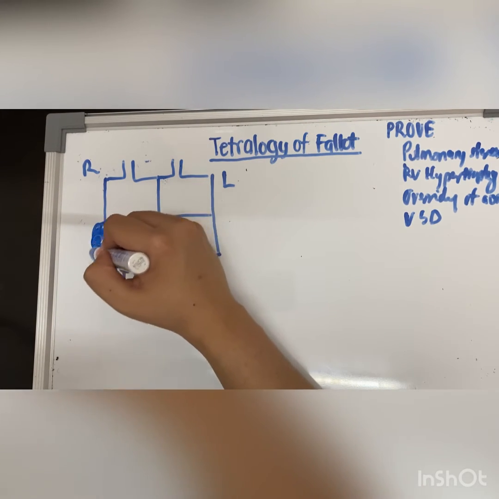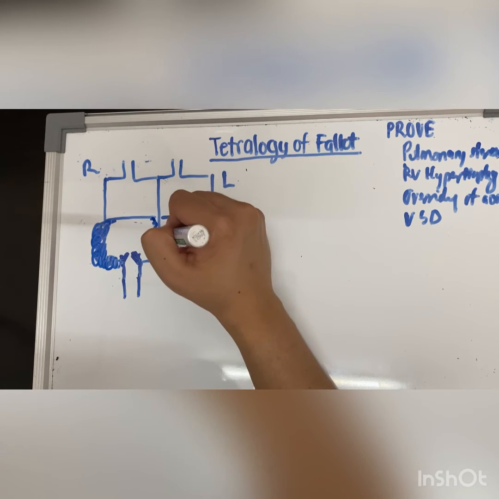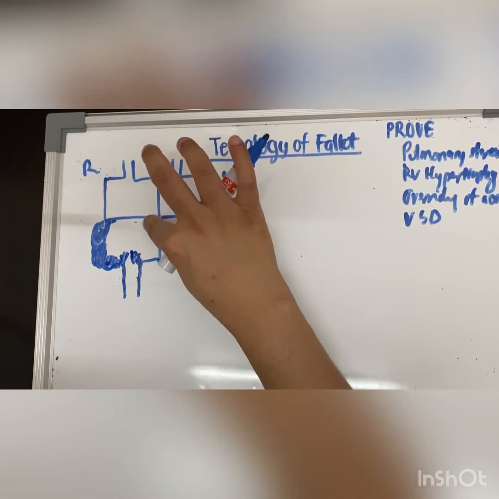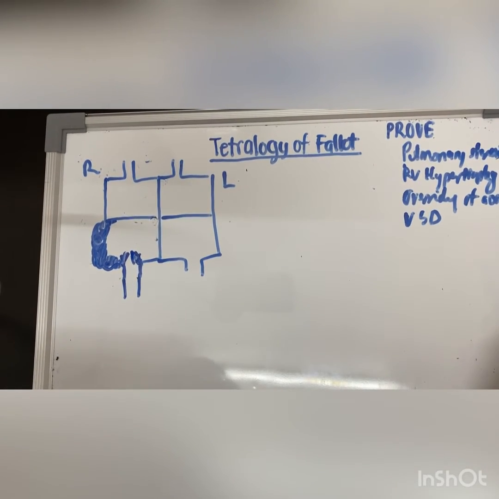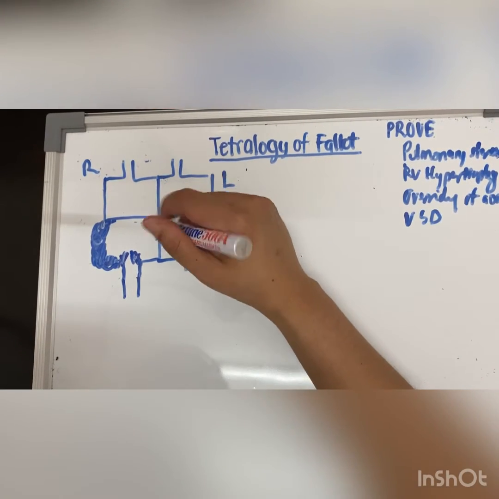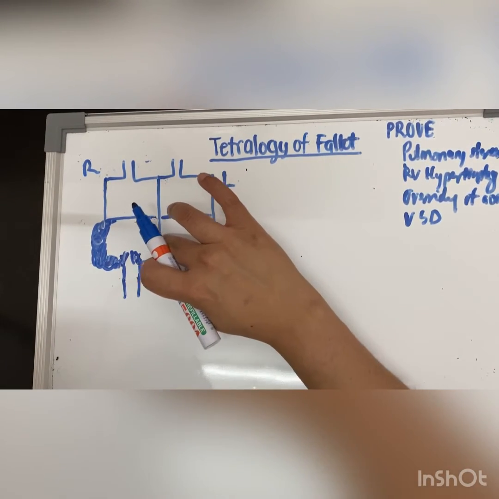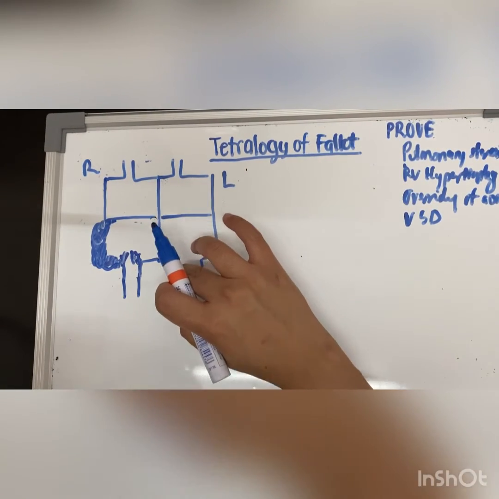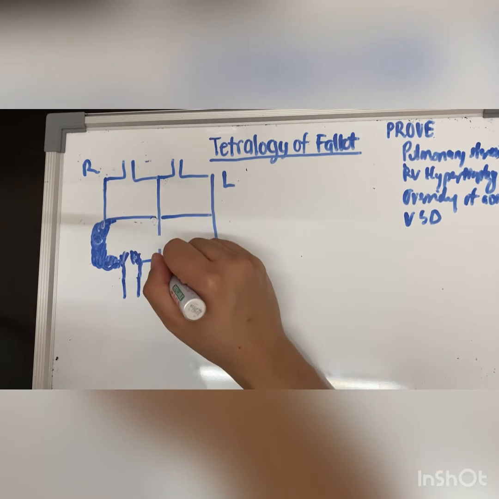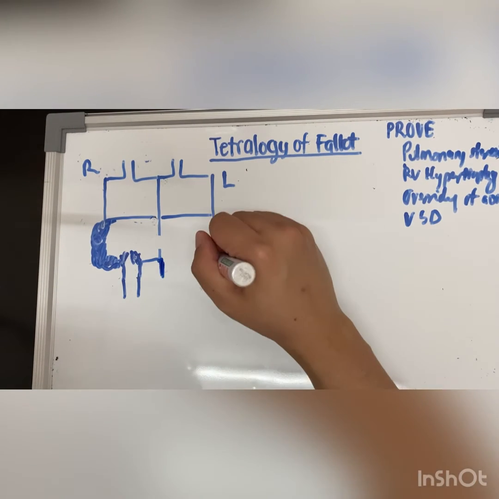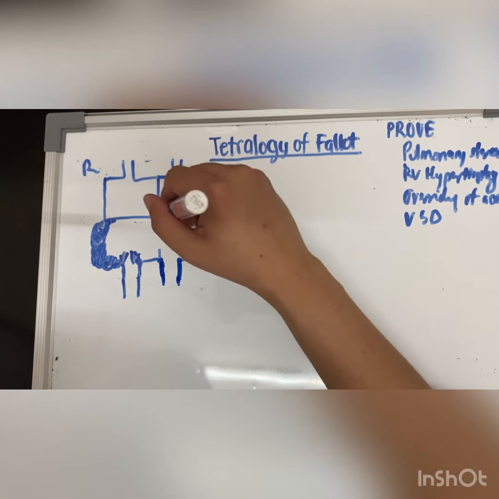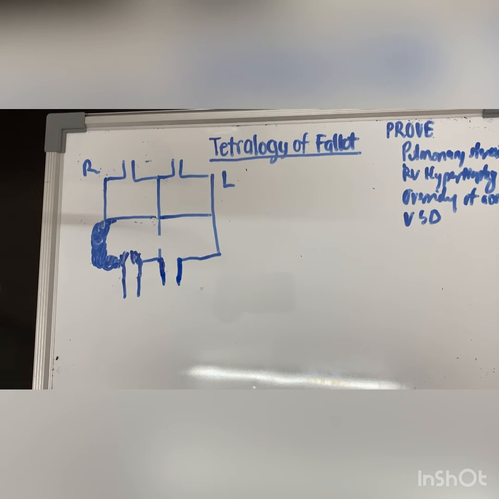So this is the right ventricular hypertrophy. So when there is stenosis, hypertrophy. And also at the same time, they will have a ventricular septal defect here, so the overriding of aorta can occur exactly at the VSD, following the VSD. So these are mainly the four main components of Tetralogy of Fallot.